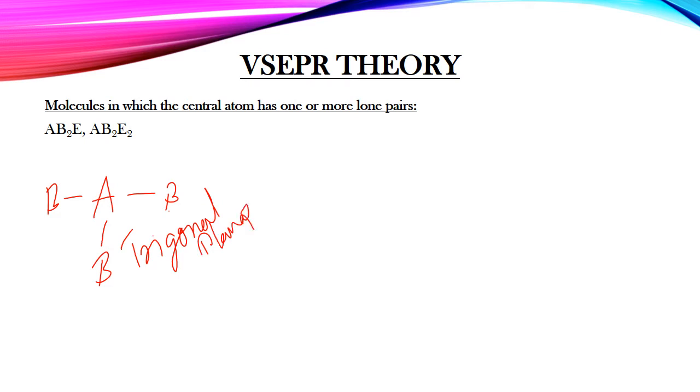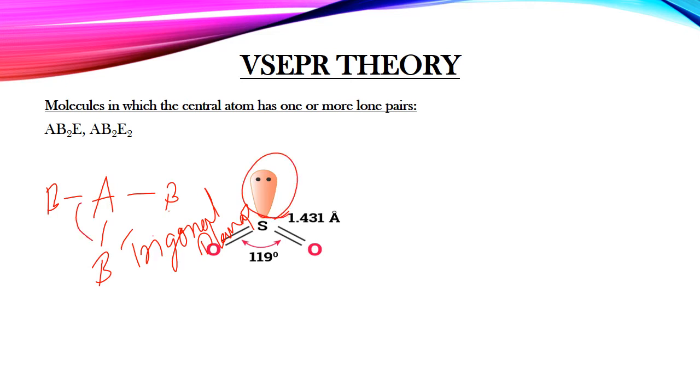So if you have three bonded pairs around the central atom, the geometry is trigonal planar. But now we don't have three bonded pairs. Instead, we have a lone pair.